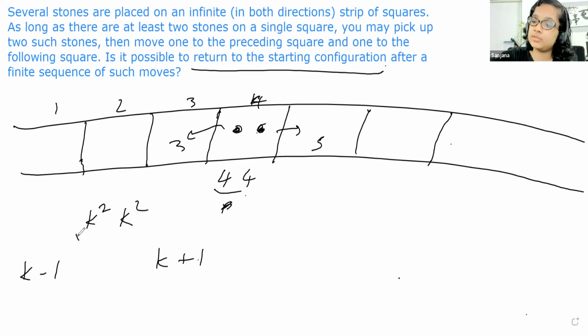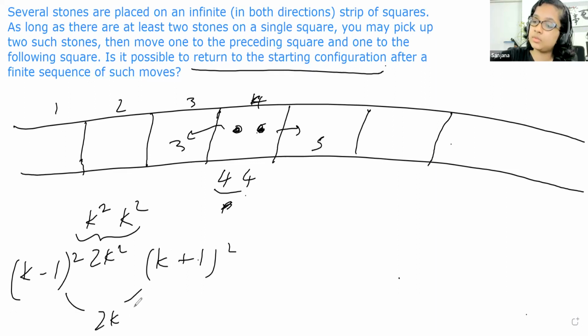The sum of the squares here is 2k squared, but the sum of these two is 2k squared plus 2. So your invariant is the sum of the squares of the number of the square on which a stone is. If the stone is on square k, its weight is k squared. You sum all of them and the value is increasing. That's why it's not possible to return to the starting configuration.